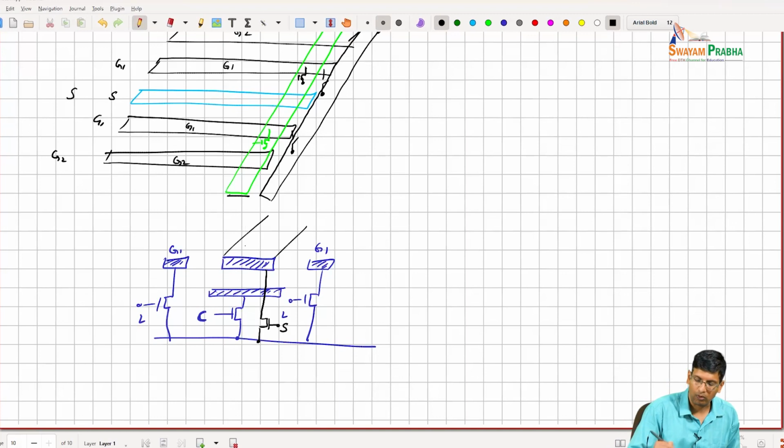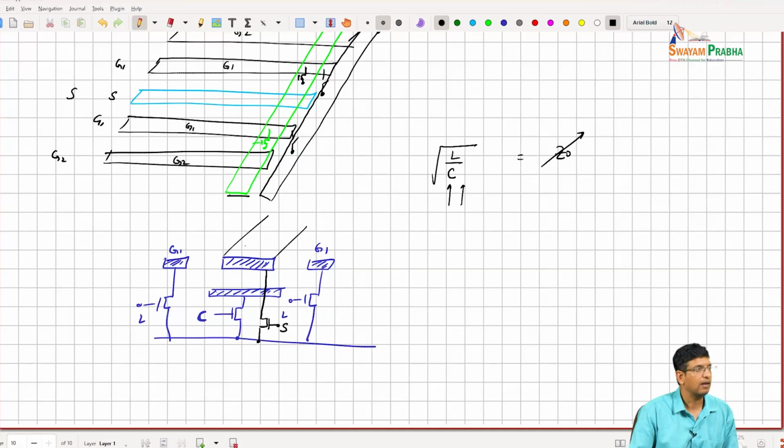So what you're saying is that when you change L and C, let's say that I keep adding capacitances, so gradually my Z naught is varying. But I'm willing to accept a certain variation in Z naught because the mismatch is acceptable to me and I'm getting a certain phase variation, square root of LC.